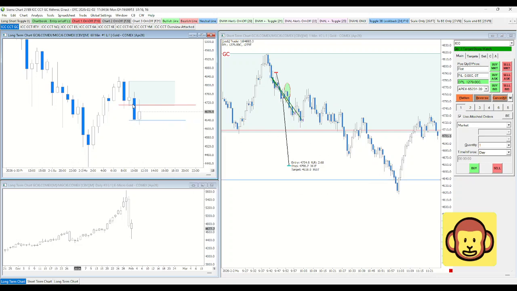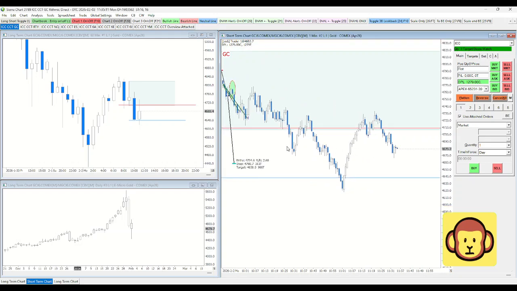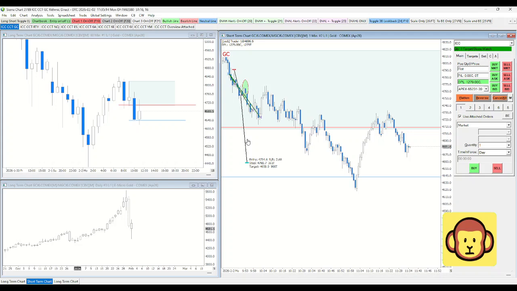For that one, we'd have seen that we've come down, and the expectation is to come back up. We haven't actually met there yet.